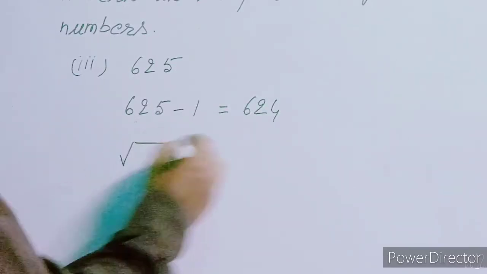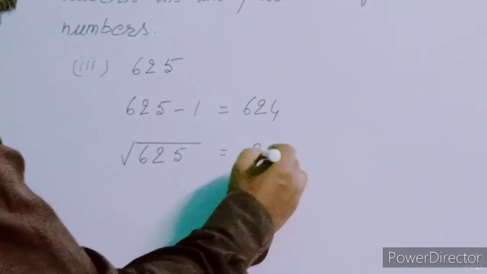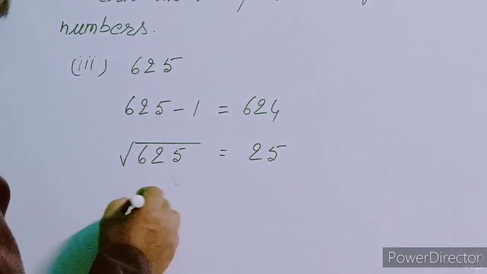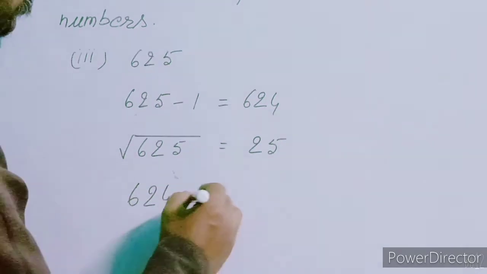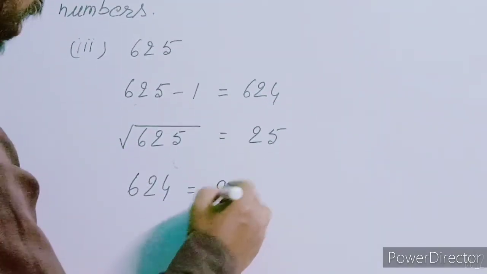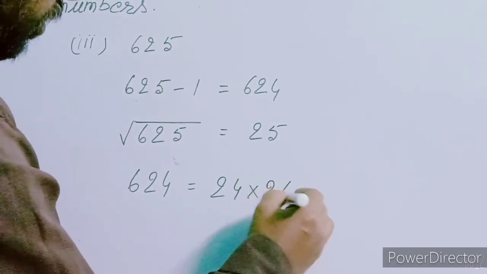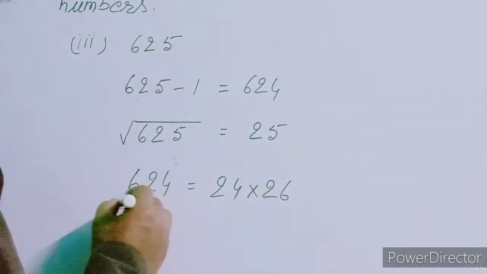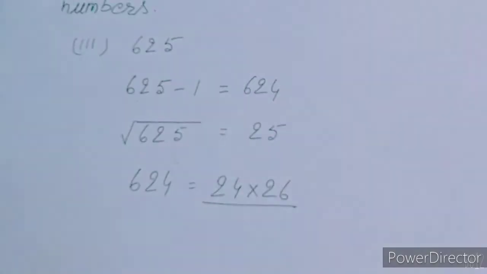Now you find the square root of 625, that is equal to 25. Now you write the resultant number: 624 equal to the predecessor of 25, that is 24, and the successor of 25, that is 26. 24 into 26 equal to 624. These two became the answer.